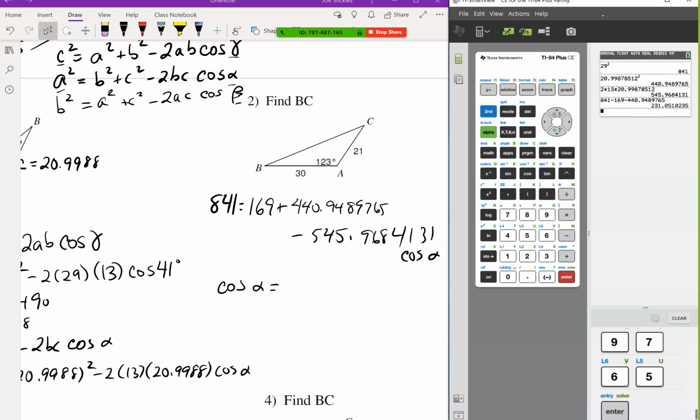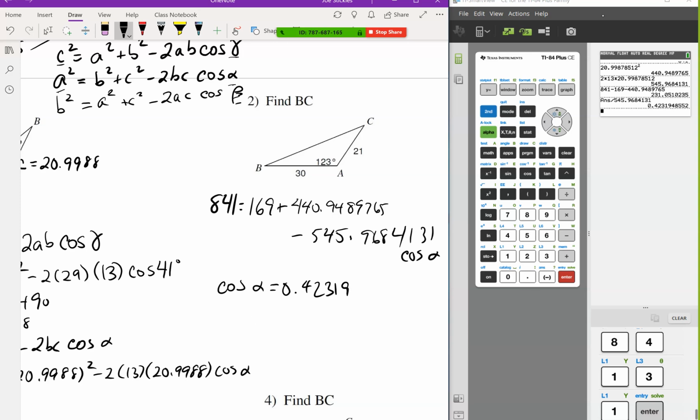So that's moving these two numbers over to the left-hand side, and then I need to divide by that 545.9684131. And we get 0.42319.